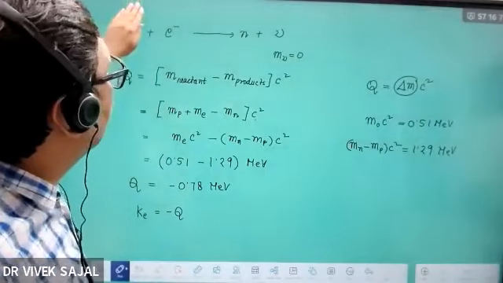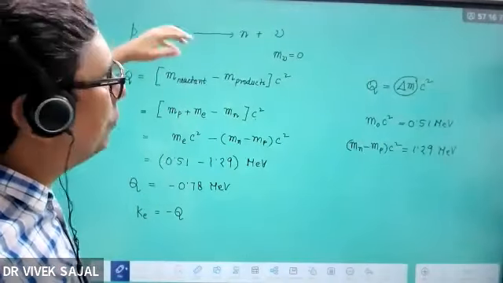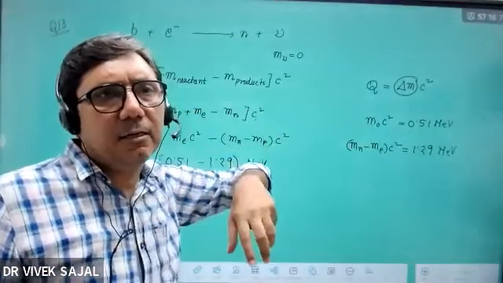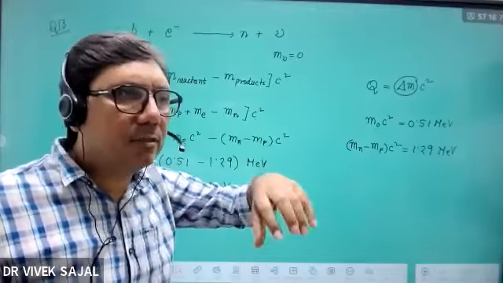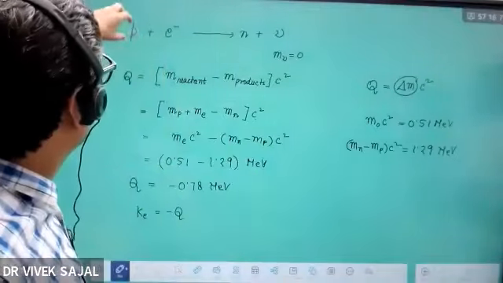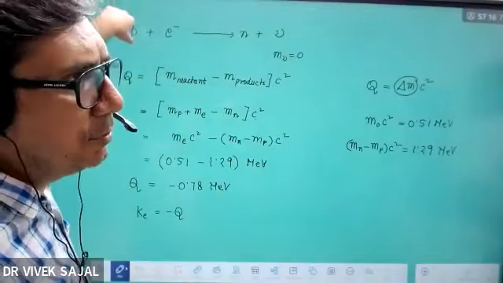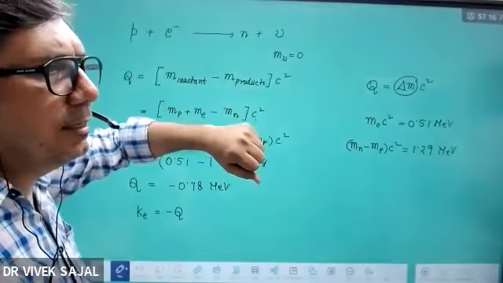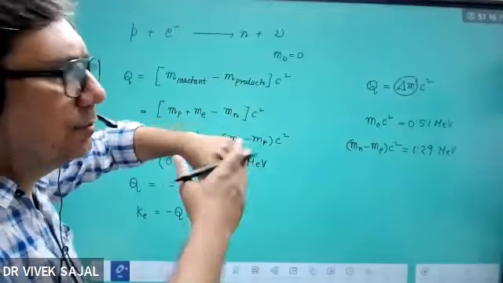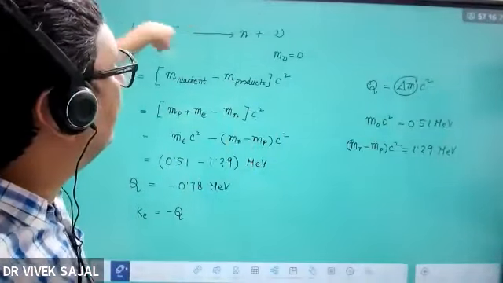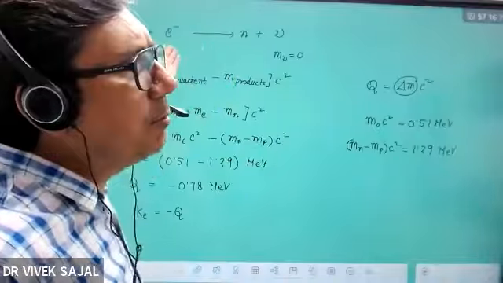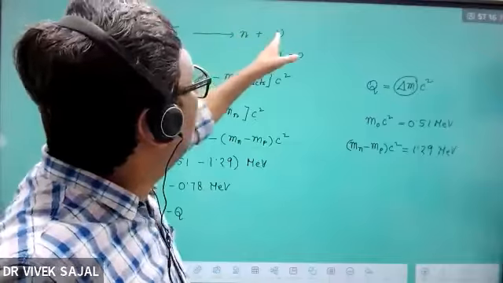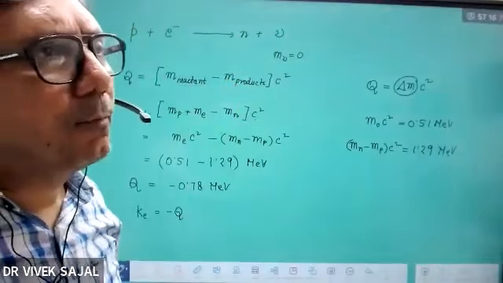I assume the proton is at rest because it is capturing electrons, and as compared to the electron it is very heavy, so it is always advisable to consider it at rest. In their relative motion I can assume that the proton is at rest and it is capturing the electron. So here the electron will have kinetic energy, and I assume this is the minimum kinetic energy required. So the kinetic energy of the neutron and this neutrino will be zero.